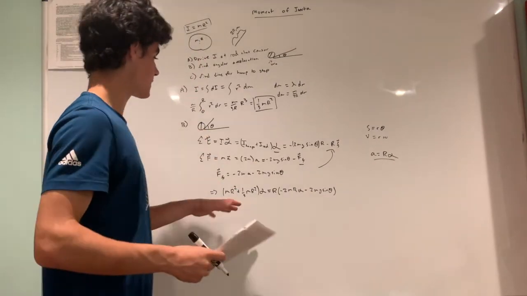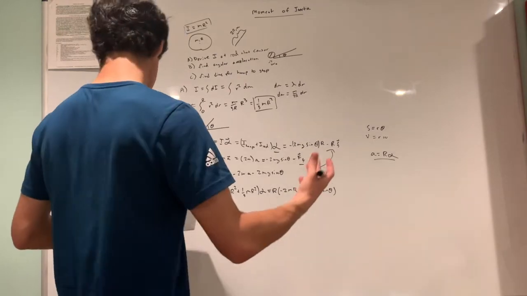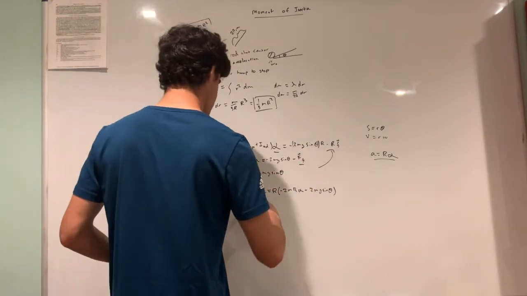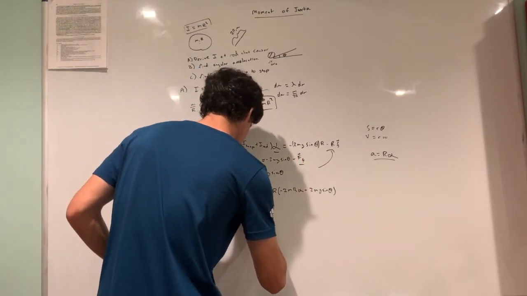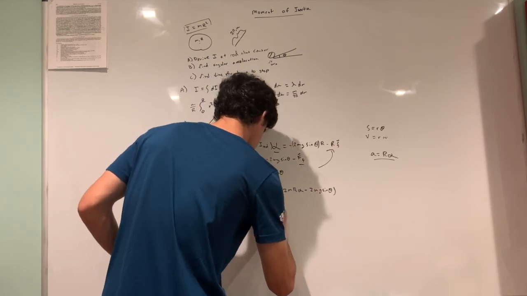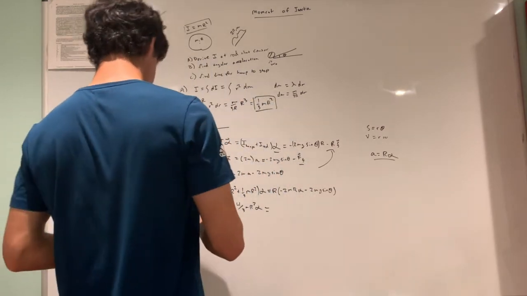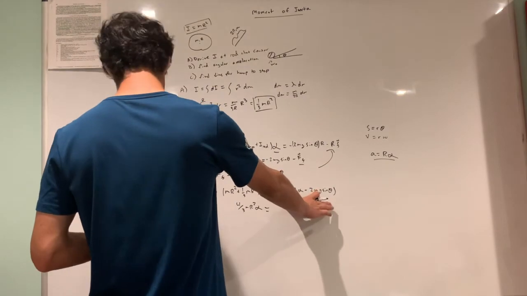Now, although this is very ugly, we can simplify a good amount of it. For example, common terms, and then this part we can simplify a lot.